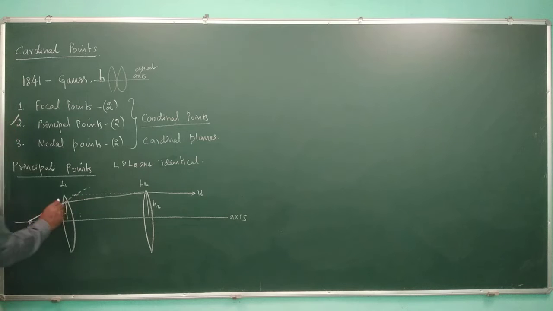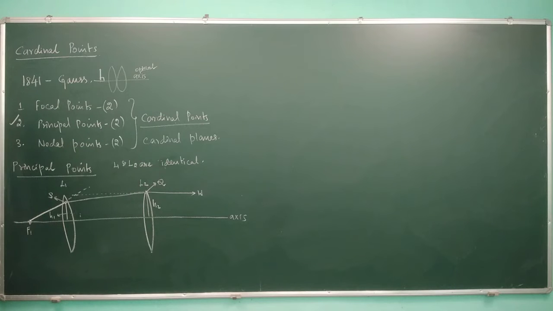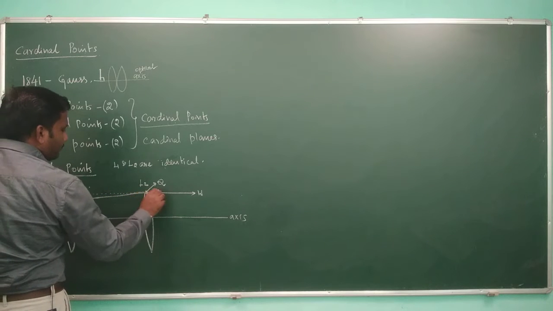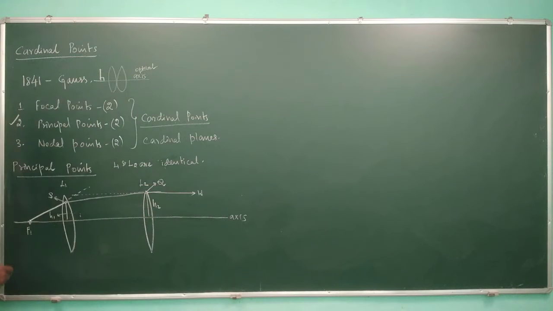So from the first refraction, let's define this point as S and this point as Q. Now the ray from F1 touches the lens L1 at S and gets refracted. It moves in this direction, and again it touches lens L2 at Q and is refracted and travels parallel to the optical axis.